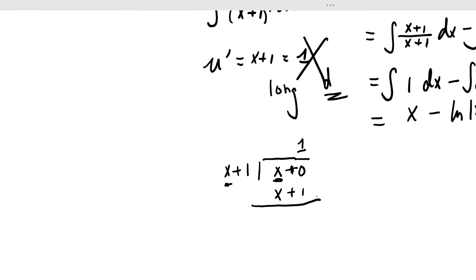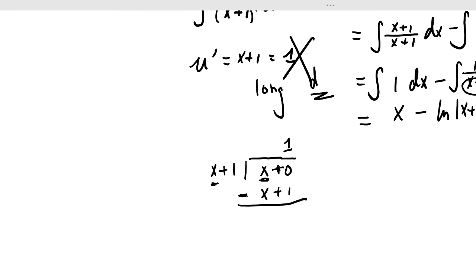Somebody changes the sign to adding, or you do subtraction. In our class, when I show you, I'm going to do the subtraction. So right now I do the subtraction right here. That subtraction sign tells you that we do a subtraction. So x minus x is 0. 0 minus 1 is minus 1.